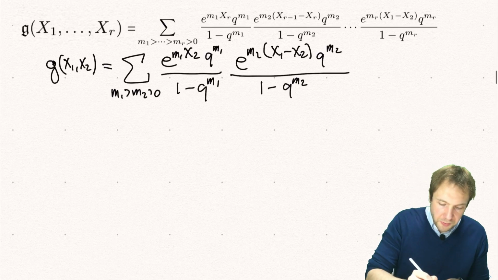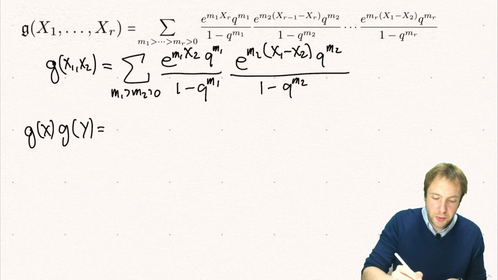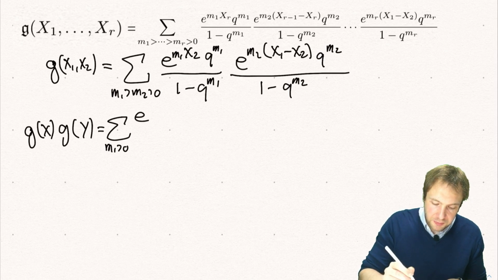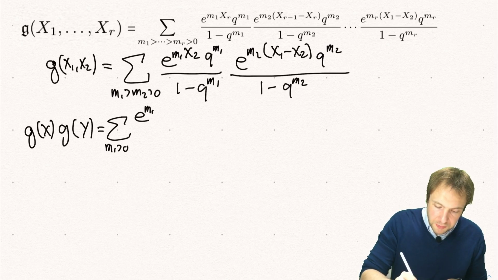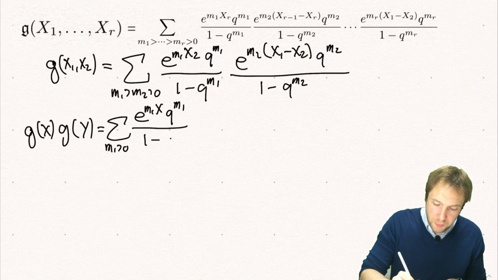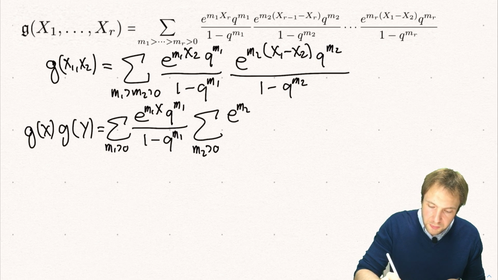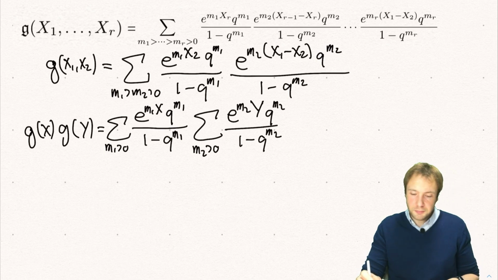Okay, so now let's see what happens if we multiply g of x with g of y. Using this expression in the case r equals 1 gives m1 x q to the m1 divided by 1 minus q to the m1, and this gives m2 greater than 0, e to the m2 y q to the m2 over 1 minus q to the m2.